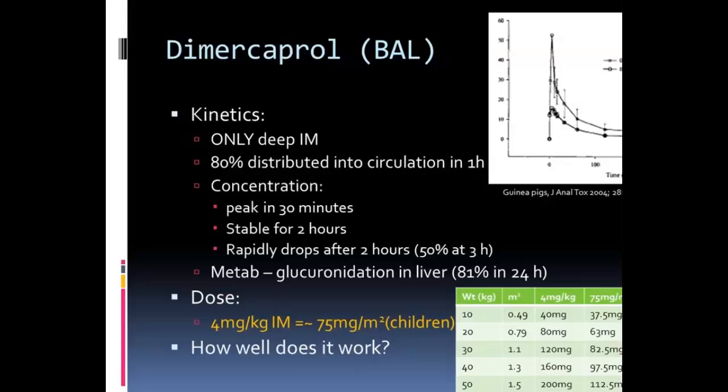And a lot of these chelators have these meter squared or milligram per kilogram dosing. So I figured them out for small weights for 10 to 50 kilos, and that's on the bottom right there. You see that at really small, at 10 kilos, 20 kilos, the doses are pretty similar.